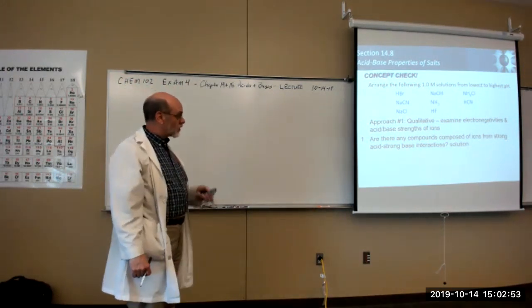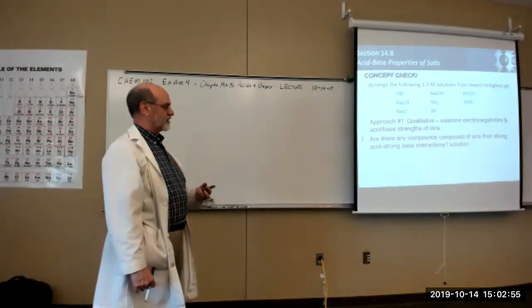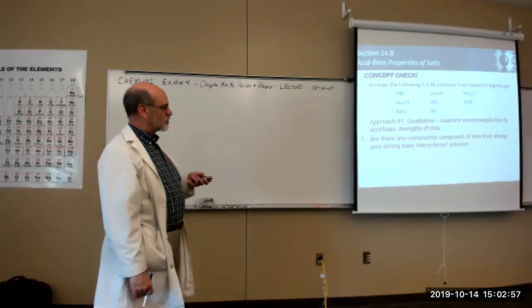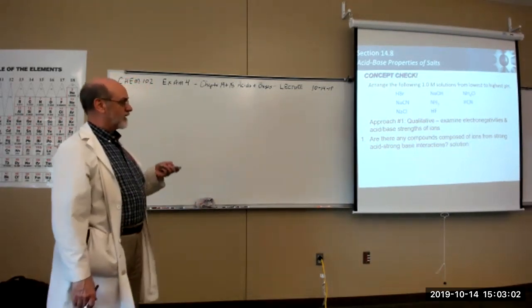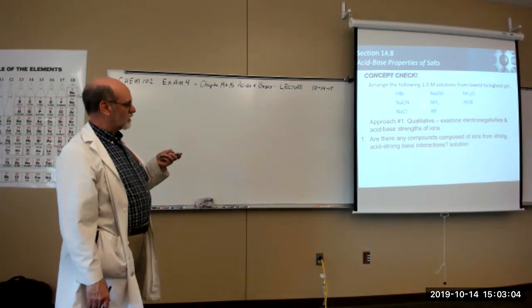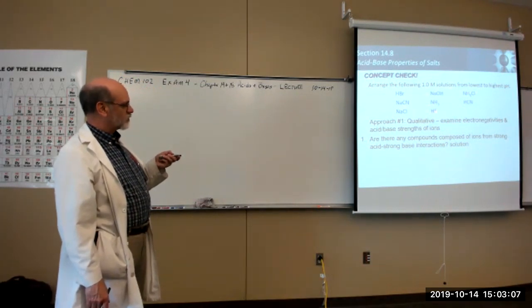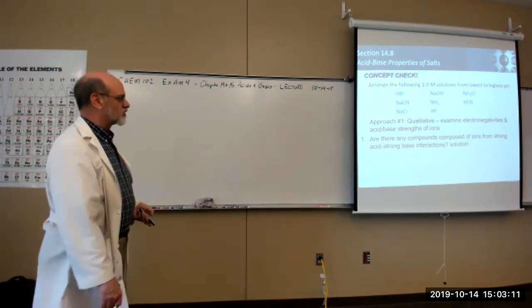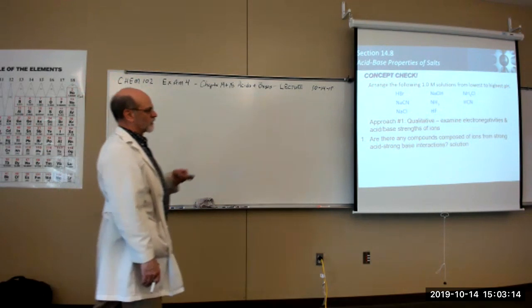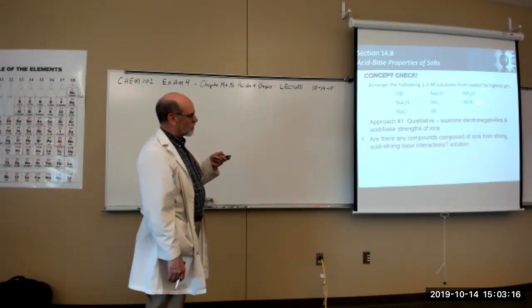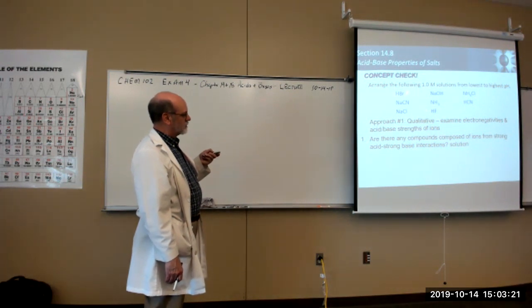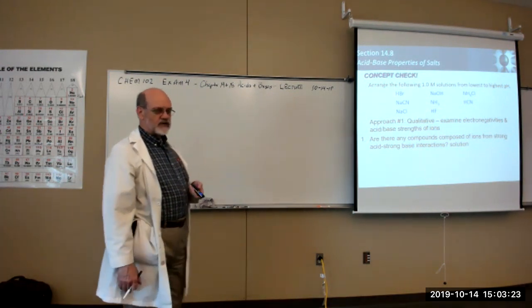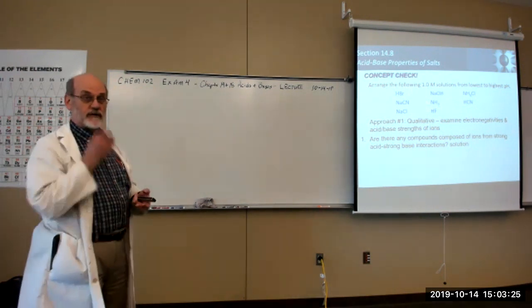All right, so which one is going to be the most acidic compound in aqueous solution? Well, let's look for the acids, right? That's not one, neither is that. So we got this one, and this one. Those are acids. So which one is the strongest one? Well, we know that this one is weak, and these are halogens, the hydrides of the halogens. So they should be in the neighborhood of the strongest.